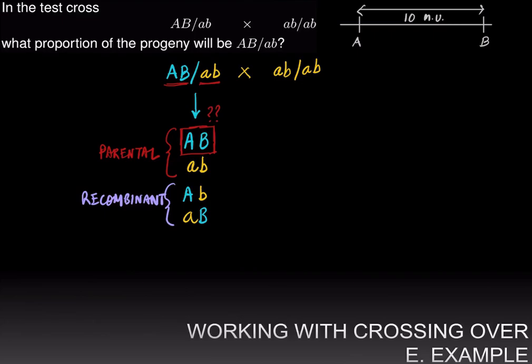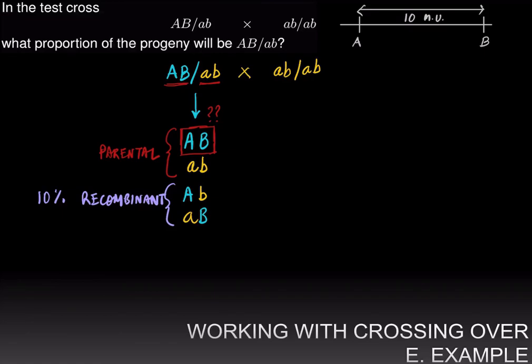Since these two genes are separated by 10 map units, 10% of the progeny will be recombinant, since one map unit leads to 1% recombinant progeny by definition.